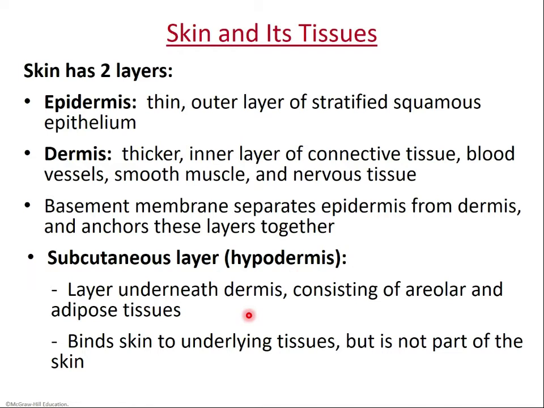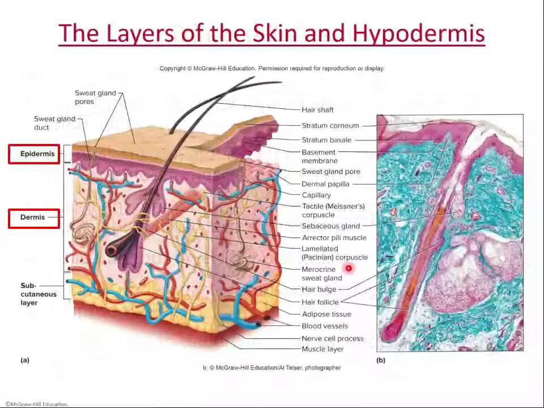This is the layer underneath the dermis, and it contains areolar and adipose tissue. That helps bind the skin tissue, the dermis and the epidermis, to the underlying tissue, but this is not part of the skin. So there are two layers of the skin, and you find the hypodermis underneath that.